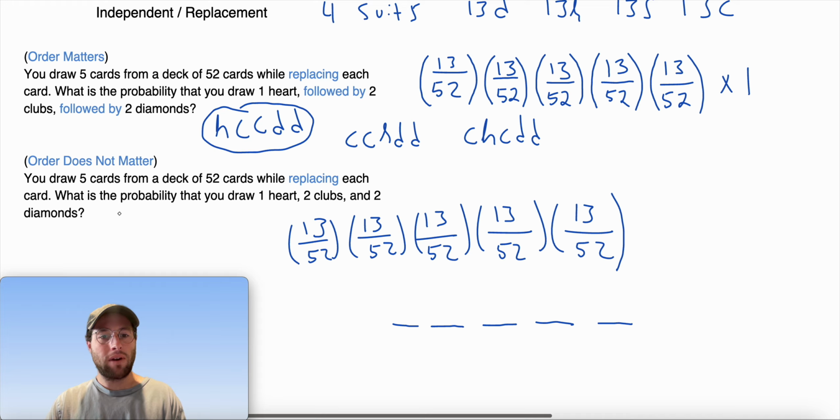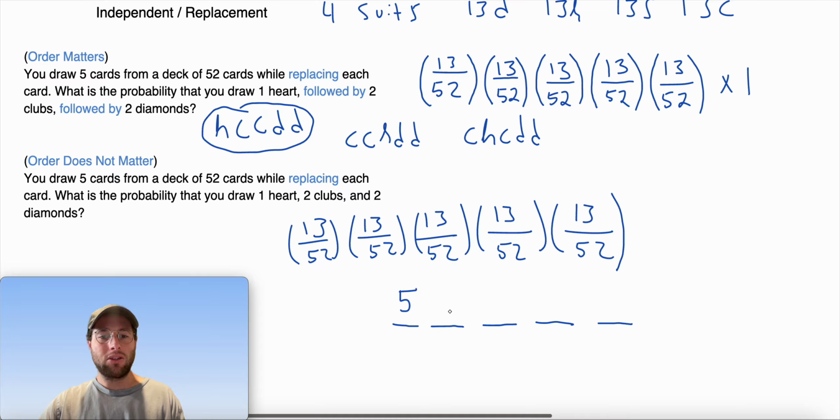Well, let's first find the total number of ways that we can place 5 different cards in these 5 slots. So let's think about it like this. In the first slot, I have 5 cards in my hand, and so I have 5 different options of cards to place in this first slot.